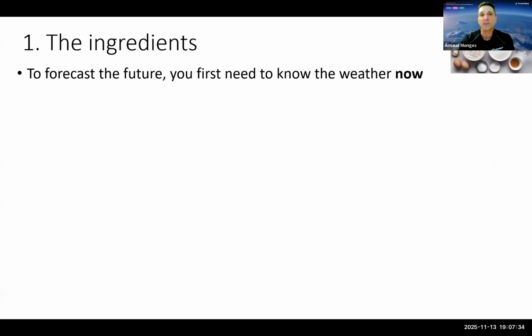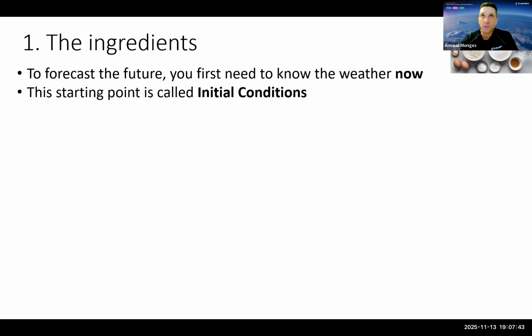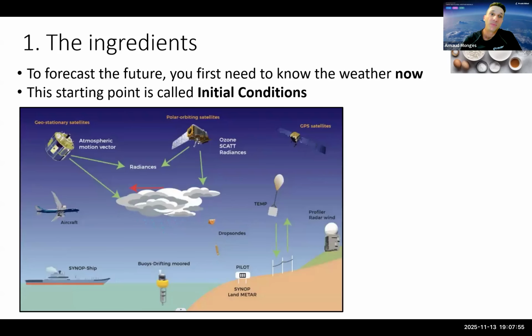The big concept is that to forecast the future, you first need to know the weather right now. This starting point is called, in meteorology, initial conditions. A question you may have is, how do we know the weather right now? It's quite complicated, but here is how it's done. There are sensors all around the world that measure the atmosphere.